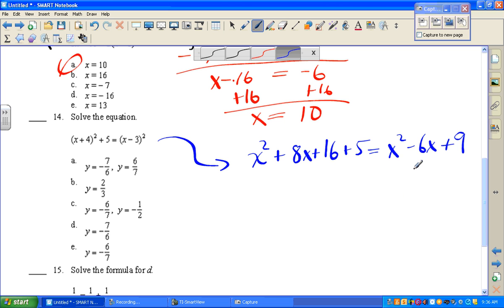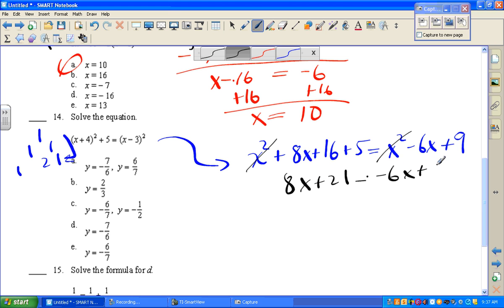I just did x squared plus 16. Yeah, with the binomial theorem, in row 3 there's going to be 3 terms. 8x plus 21, negative 6x plus 9. Now you go big, and you're in great shape.